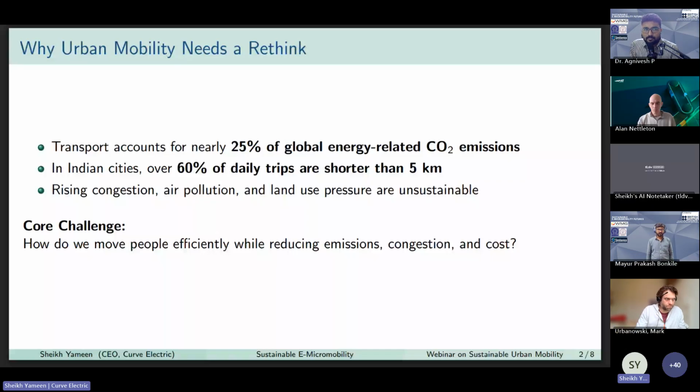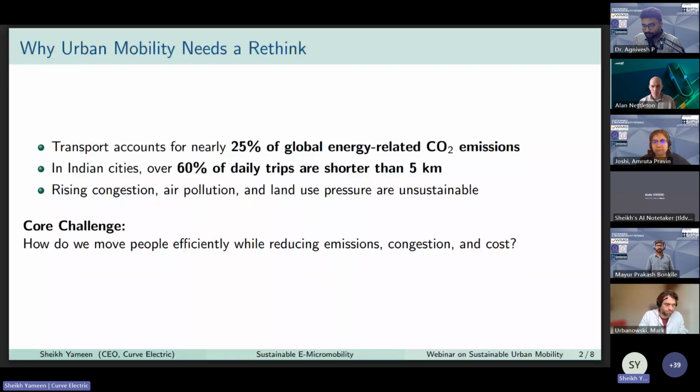So we need to rethink, and that is where micromobility as a solution solves too many problems, and it's too good to be avoided or not taken seriously.